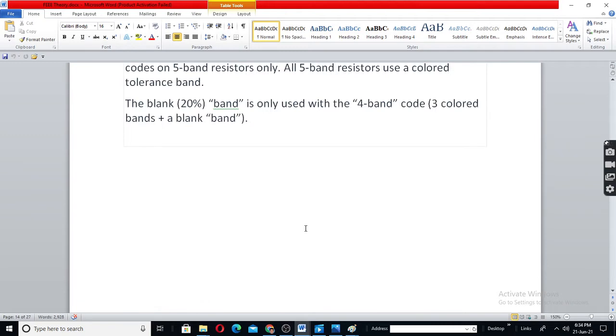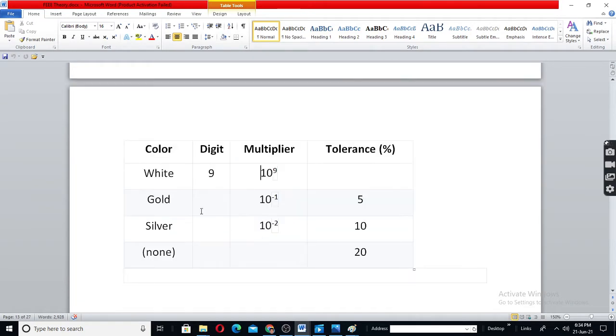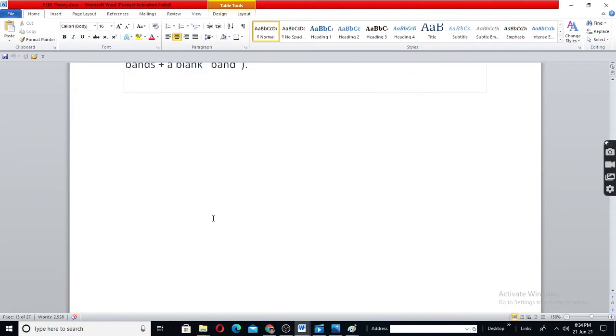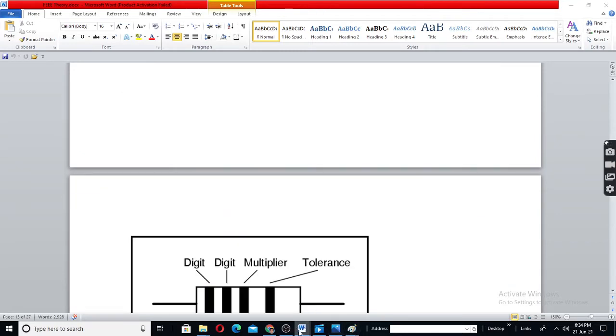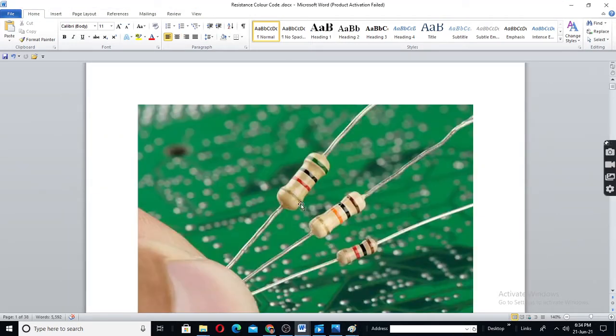So gold and silver are never used as digits. So you should never start from the gold side. See, this is gold, so you should start from the other side, not from this side. First digit, second, third, and fourth.